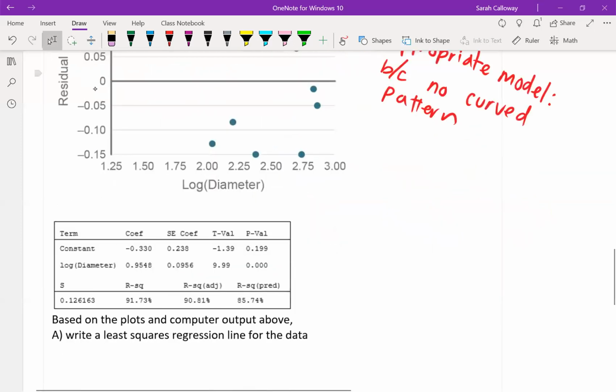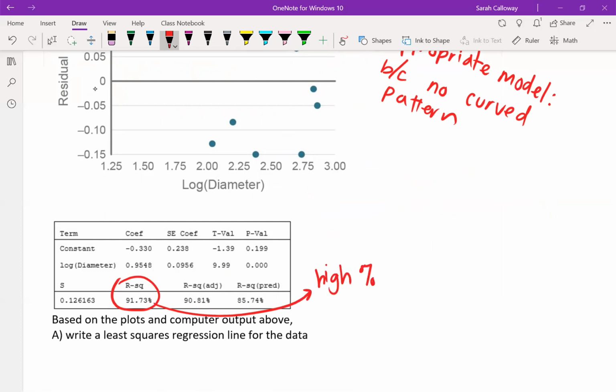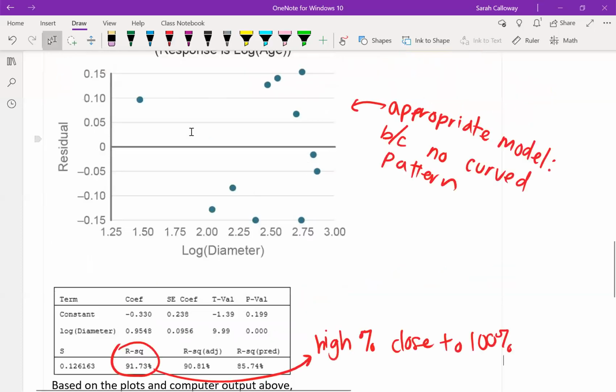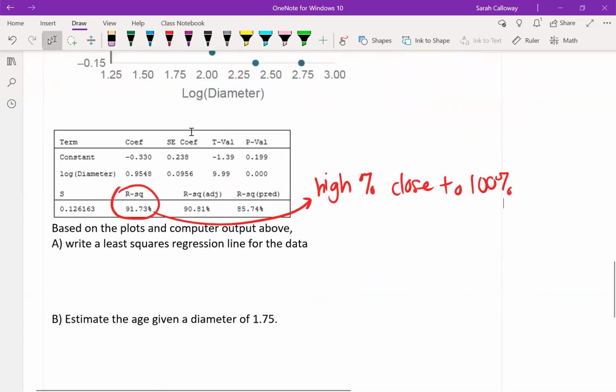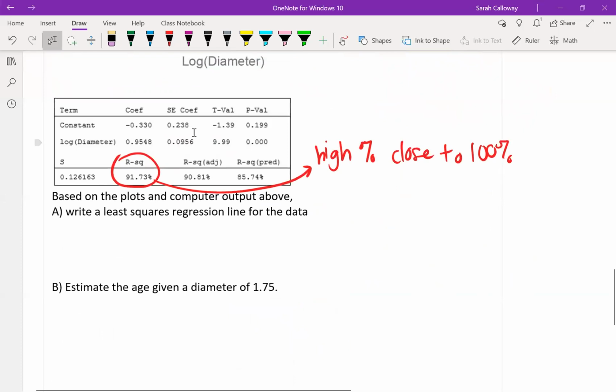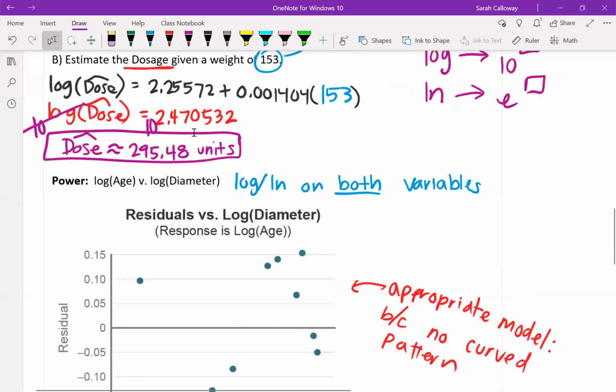Similarly, I can look at that R squared value. This is a high percentage, close to 100%. I want to be close to 100%. Anything in the 90s will always be good. So I know now that I have a power model, and I can tell that based on the fact that I have log of both variables.